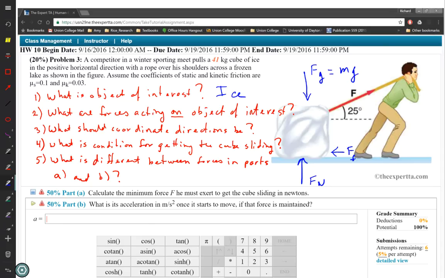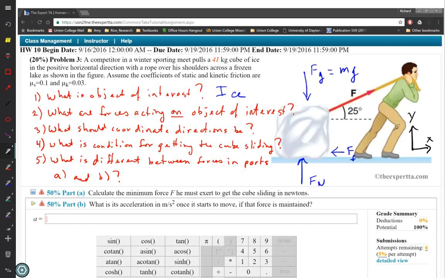So we stick with horizontal as one of them. And so I will define our traditional XY coordinate system with X is horizontal and Y is vertical. Now this is not going to be universal in all problems, but it is for this one.